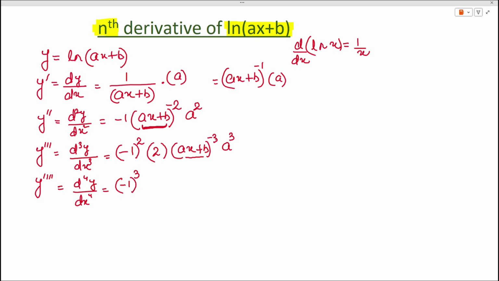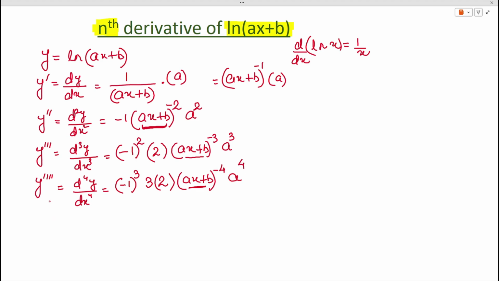And now this 3 comes in multiplication with 2. So 3 times 2, and then (ax + b) raised to the power of -4, multiplied by the derivative of this, which is a, but we already have a cubed over here. So this becomes a to the power 4.